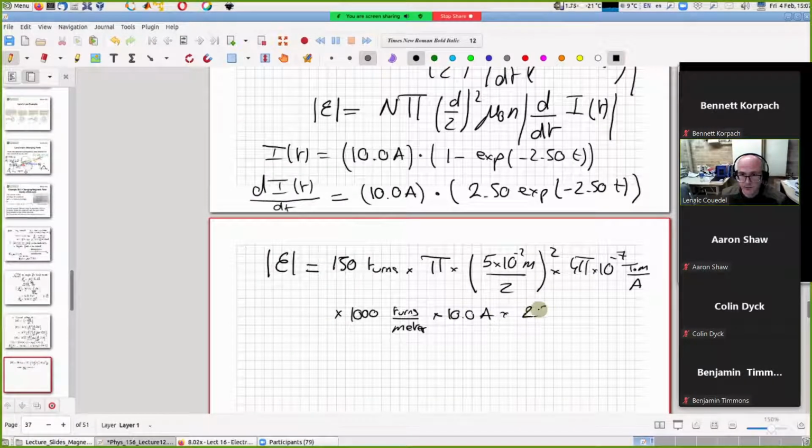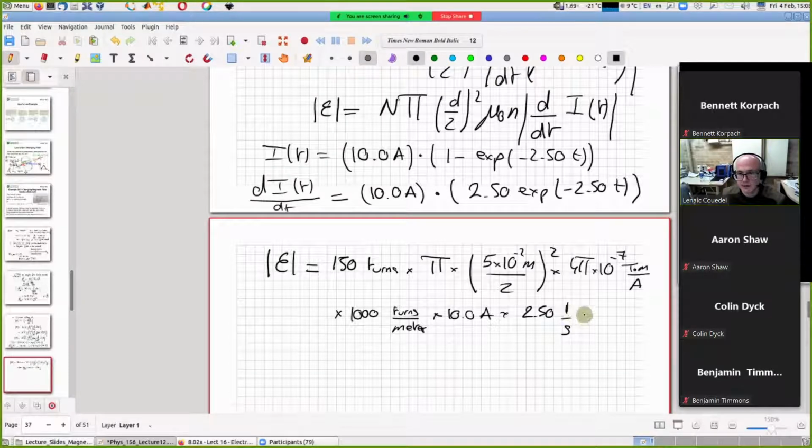2.5 per second. Why do I know this 2.5 here has to have the unit of 1 over second? Because here in the exponential, this 2.5 comes from inside the exponential. You cannot have a unit inside the exponential. So the unit of time is second. Therefore, the unit of this constant here has to be inverse second.